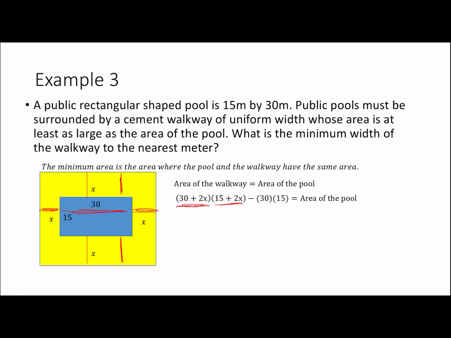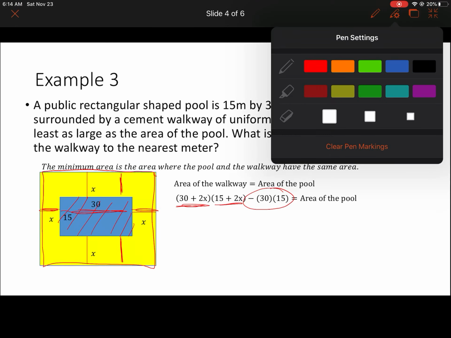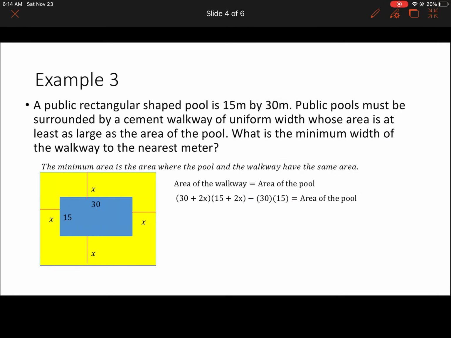That's the area of the walkway, right? We took the full area. We have to take away 30 by 15. That's what we did there. And that should be equal to the area of the pool.